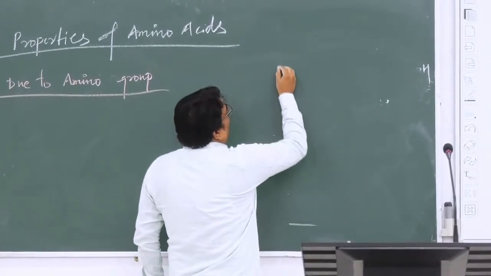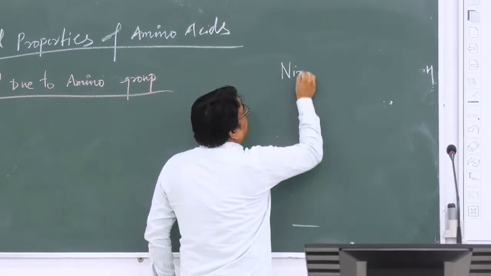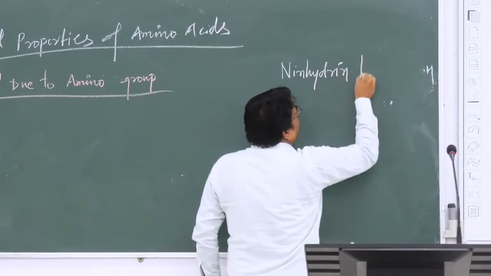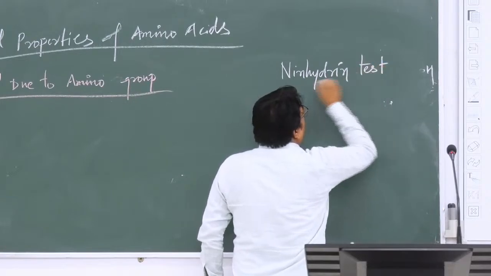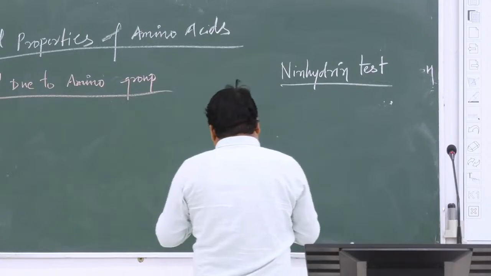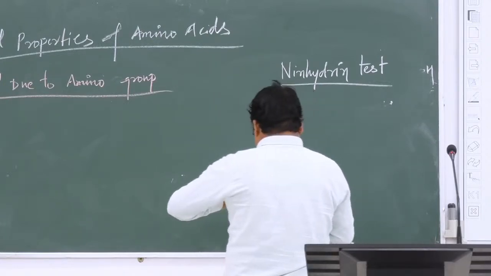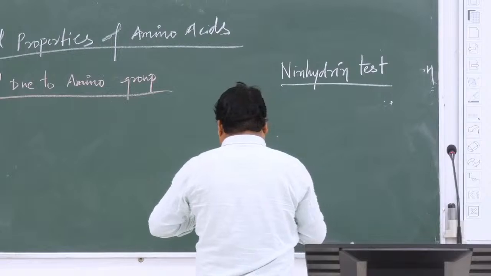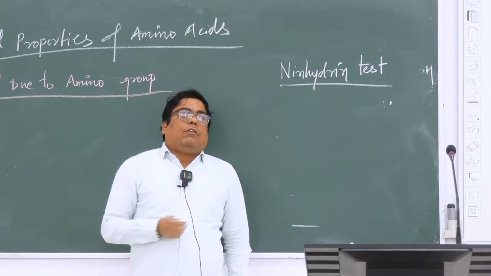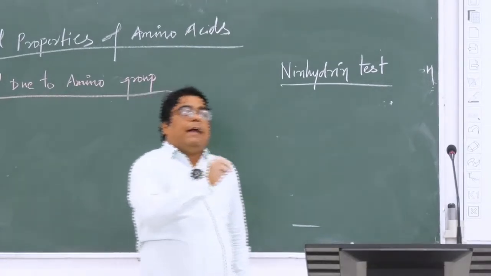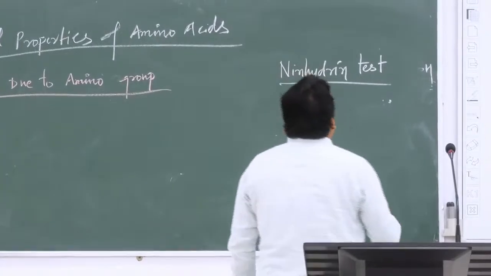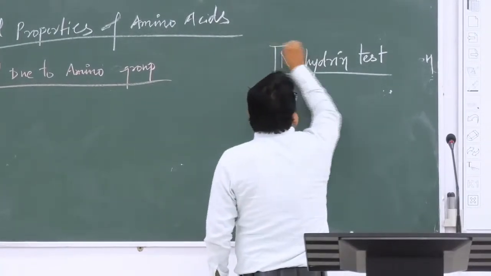There is one test called the ninhydrin test. The ninhydrin test is the test to identify an amino acid in a particular sample. This is one important test.